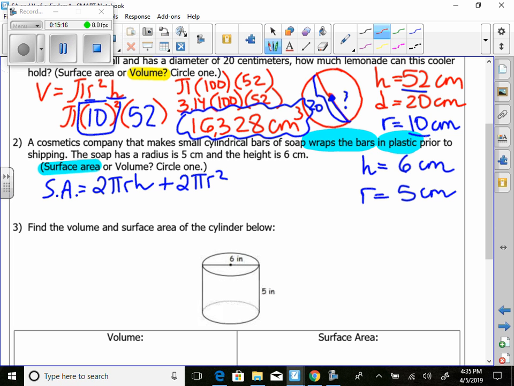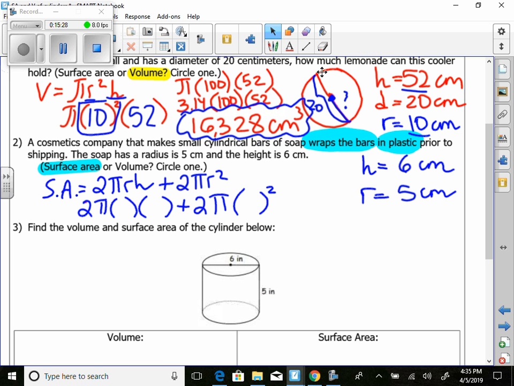Okay, let's replace our numbers. 2 pi r h plus 2 pi r squared. R is 5. Okay, we already have radius. We don't have to find it like in the previous problem. Height is 6.